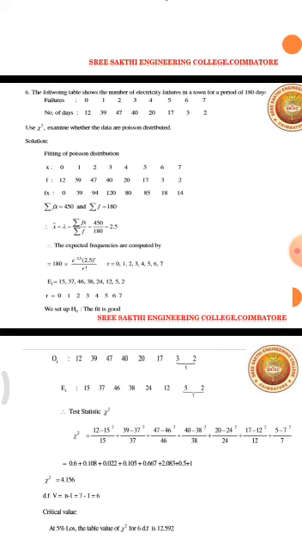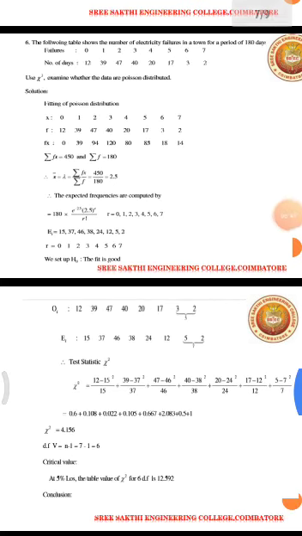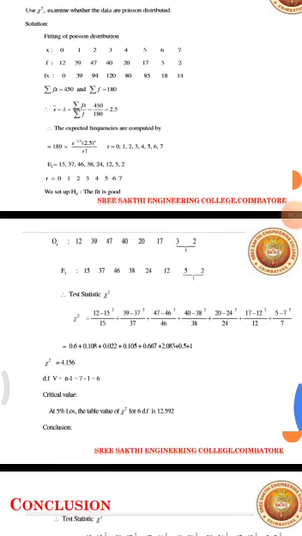As usual, we calculate in the same process the chi-square value, summation i equal to 1 to n of (observed value minus expected value) whole square by expected value. Finally we get the chi-square value, 4.156.